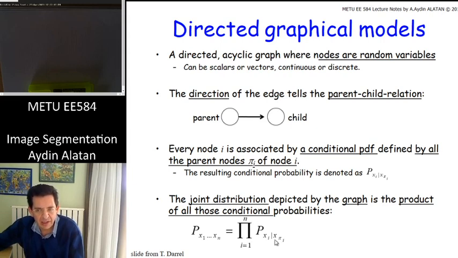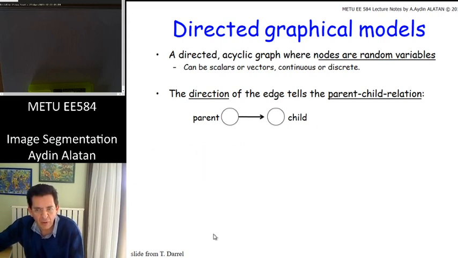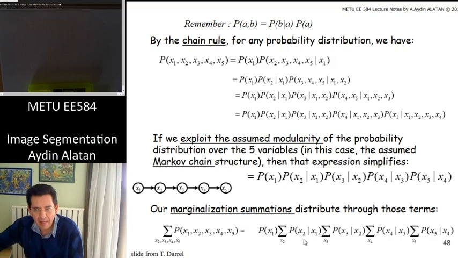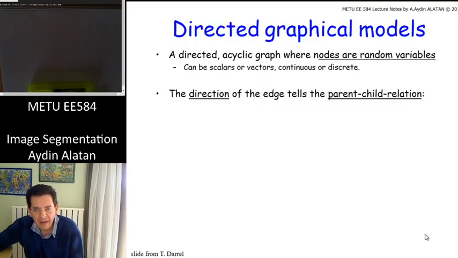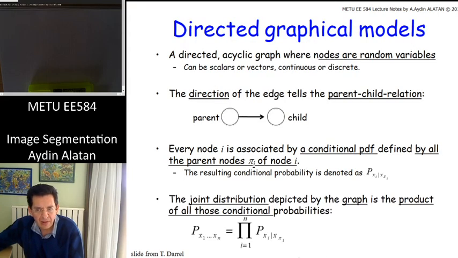Please note here, as we have derived before in the slide, I obtain 1, 2, 2, 3, 3 given 4, 4 given 5. And that's what it says here. The joint of the whole thing, 1 to n, will be nothing but xn given xn minus 1, xn minus 1 given xn minus 2, and it goes on like this.